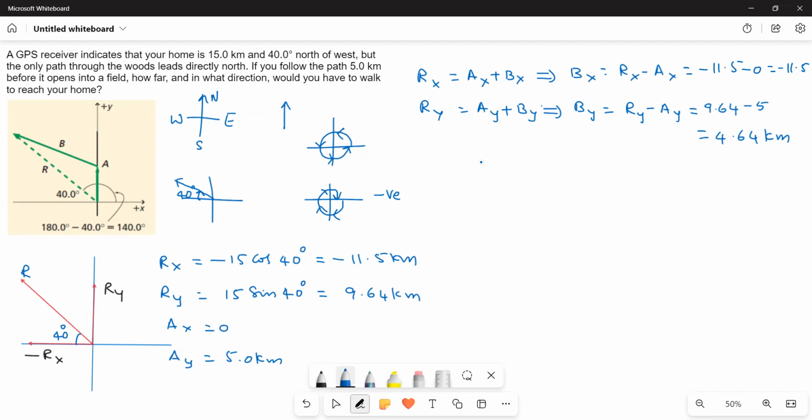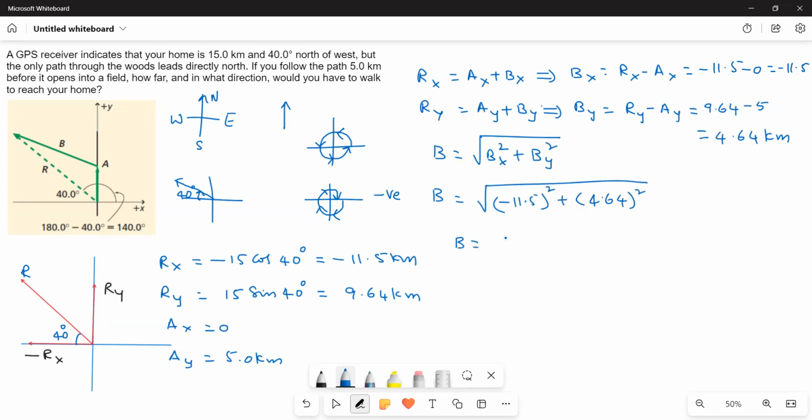Now what we have to do is find B. So B is equal to the square root of Bx squared plus By squared. Therefore B is equal to the square root of negative 11.5 squared plus 4.64 squared. Therefore B is equal to 12 kilometers.